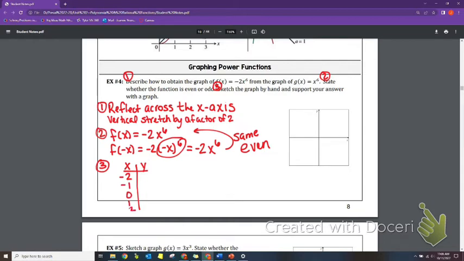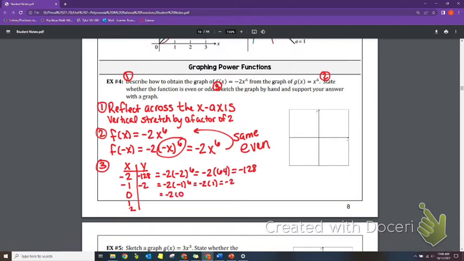So I'll plug in negative 2, so I'll get negative 2 times negative 2 to the 6, which is negative 2 times 64, so negative 128. Negative 2 times negative 1 to the 6, so negative 2 times 1, which is negative 2.